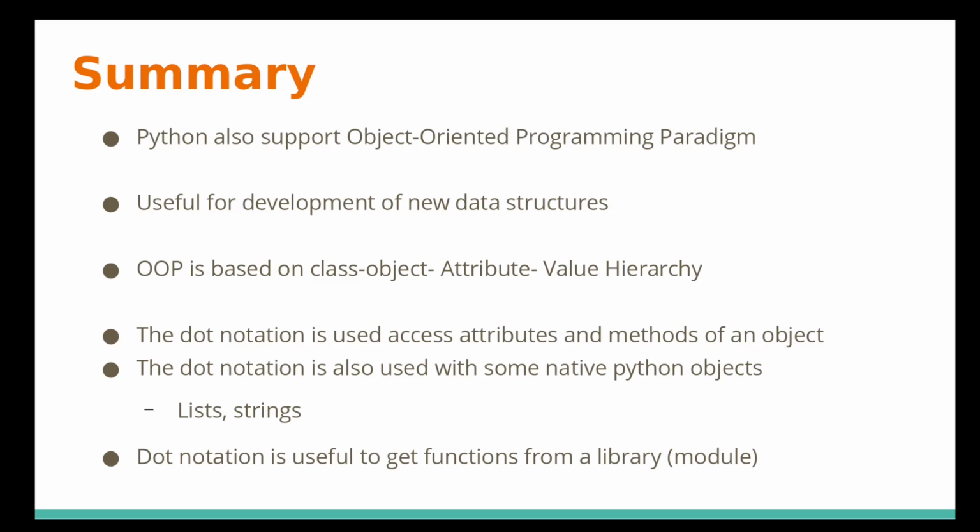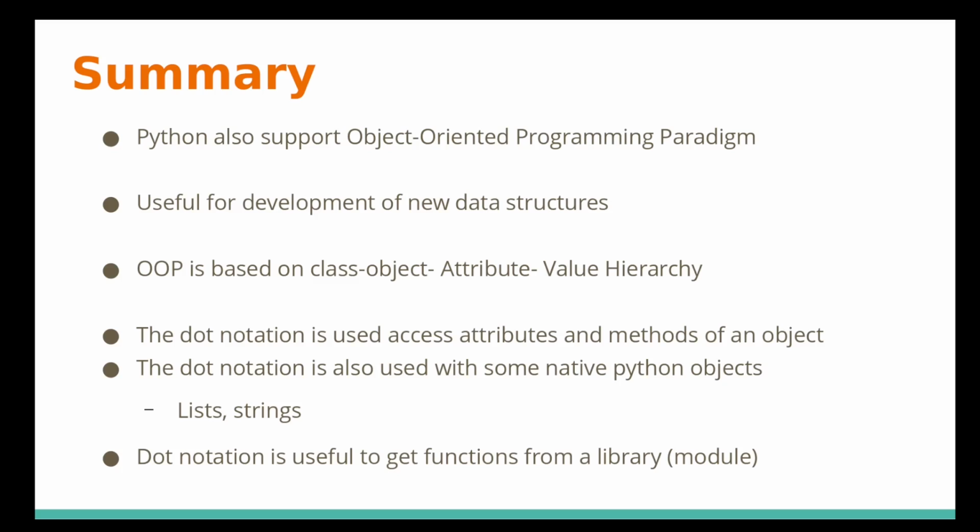Essentially, the object is instantiated from a class, and when it does, it inherits certain properties. These properties are either attributes or methods, and those attributes can have different values to differentiate one object from another.